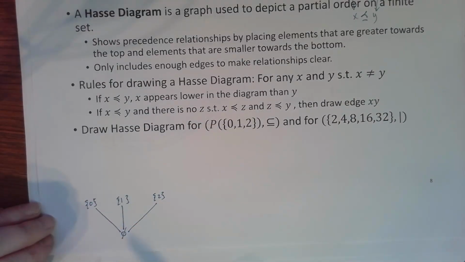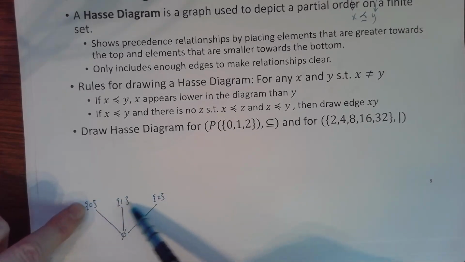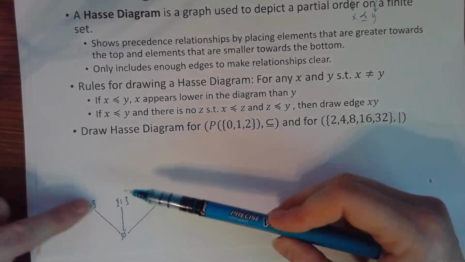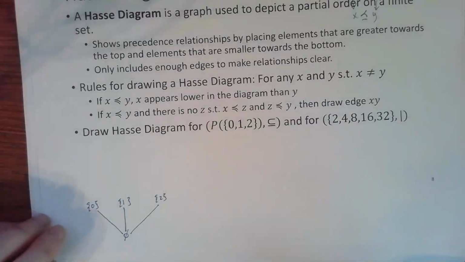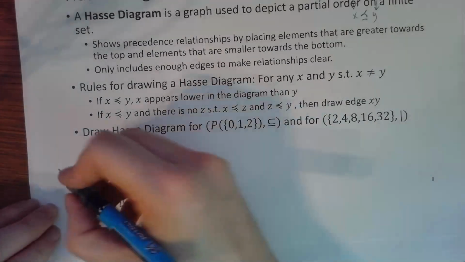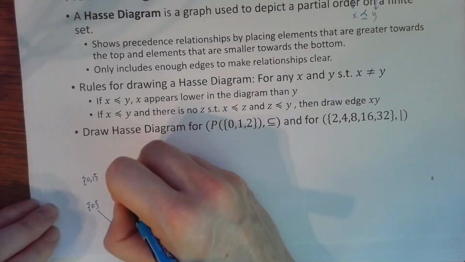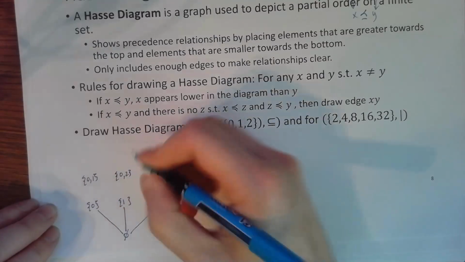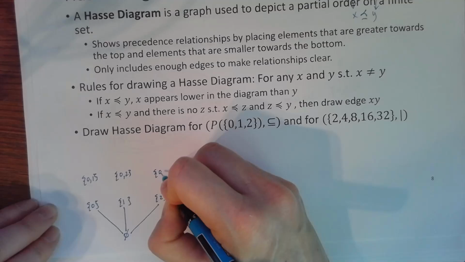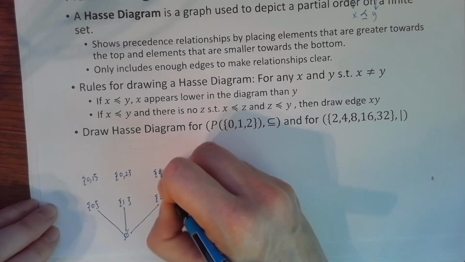The empty set is a subset of the set containing 0, the empty set is a subset of the set containing 1, and so on. When this is the greater set and this is the lesser set, the greater one will appear above. And then we also have the set containing 0 and 1, the set containing 0 and 2, and the set containing 1 and 2.